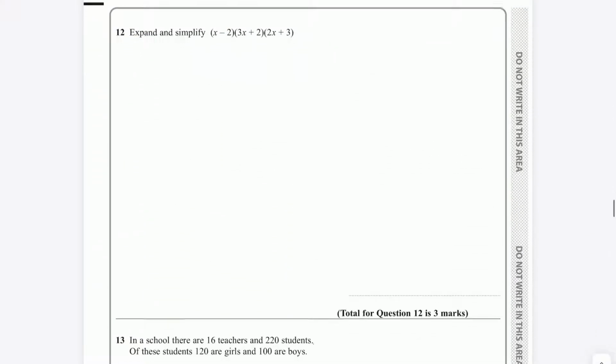Moving on to question 12. So with these, I like to expand them from left to right. So if you focus on the left 2 brackets first, that's going to be that times that, which is 3x squared plus 6x minus 6x minus 4.